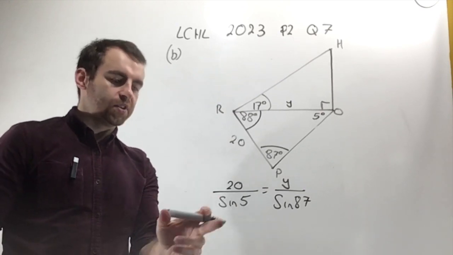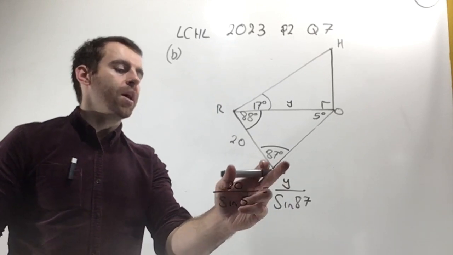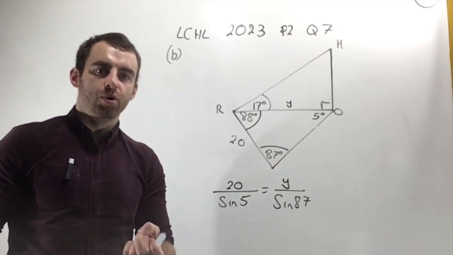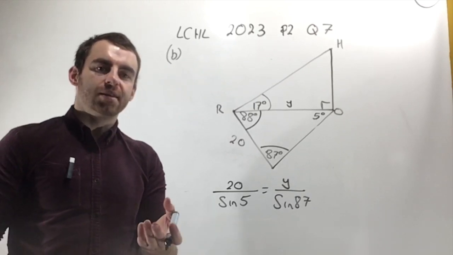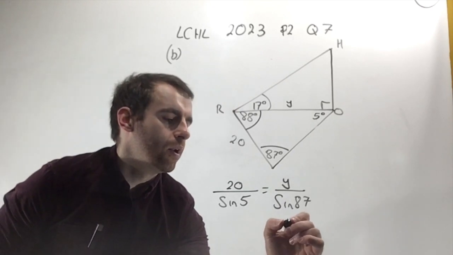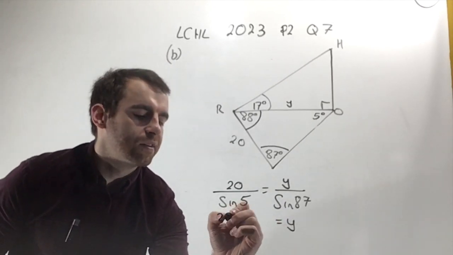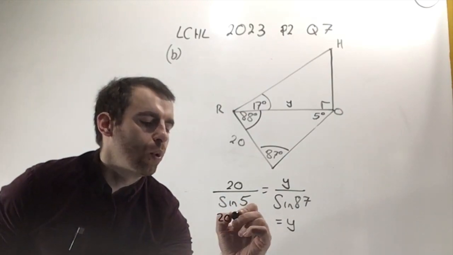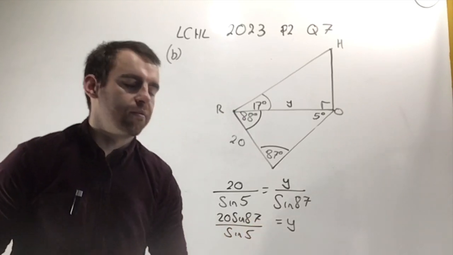So one side over the sine of the opposite angle equals any other side over the sine of its opposite angle. And obviously here we've got one equation and one unknown, so we can find a value for y. What I'm going to do next is multiply both sides by sine 87. If you multiply the right hand side by sine 87, you just get y. If you multiply the left hand side by sine 87, you get 20 sine 87 divided by the sine of 5.